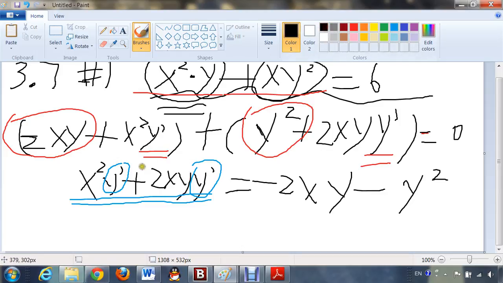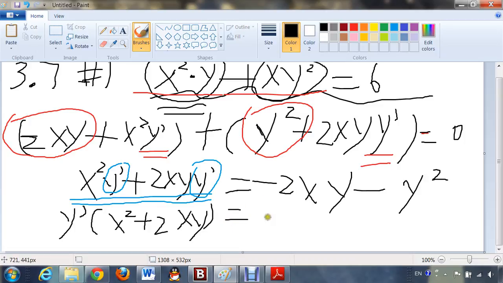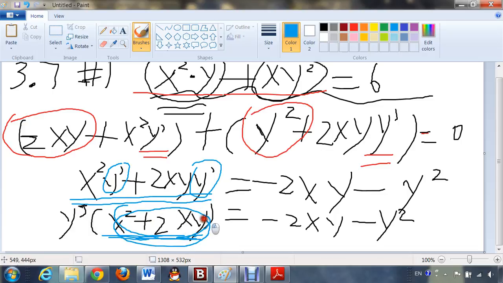After we factor them out, the left side will be y prime times x squared plus 2xy. And remember, the right side is still the same, we haven't changed anything. So now if we want to isolate the y prime completely from everything else, we will just divide both sides by x squared plus 2xy, right?